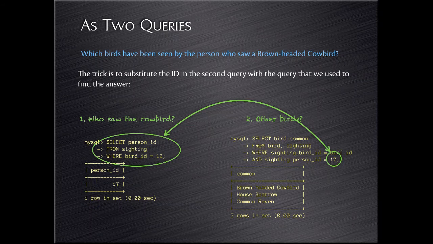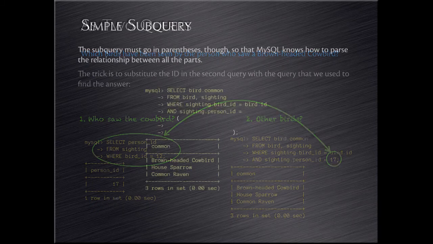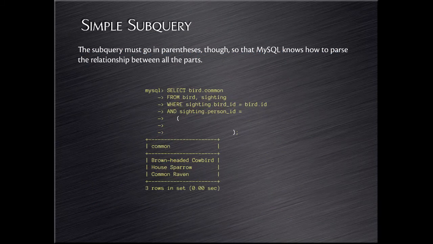I want to take out of query number 2 on the right the number 17. And what I would like to do is to replace it with query number 1, which is how the database gave me answer number 17 to begin with, right? So as I write this query, I am going to combine them together into one, and it will give me the right answer, and you'll see the structure here that I'm working with.